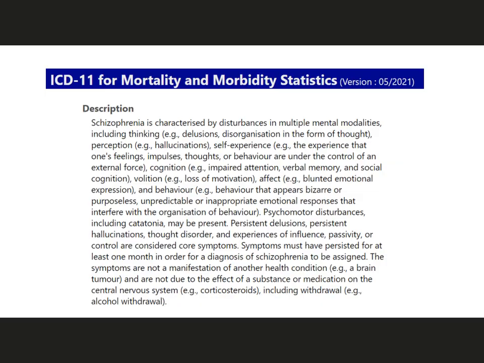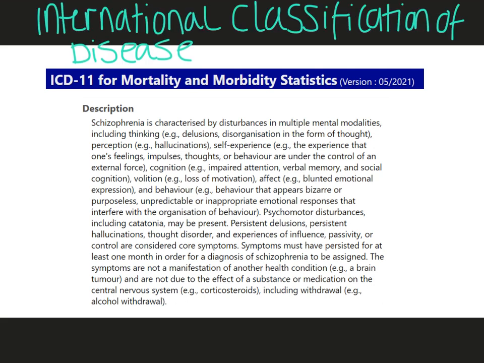So the ICD stands for International Classification of Disease, and this has been released by the World Health Organization, which is commonly abbreviated to the WHO. So the ICD, currently on its 11th edition, is free for anyone to access.